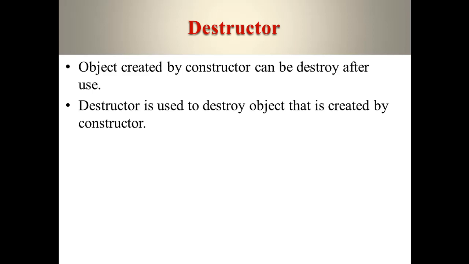A destructor is used to destroy an object created by a constructor. It is used to free memory. Which type of memory? Actually, when we use a pointer in our program, it occupies memory on the heap.